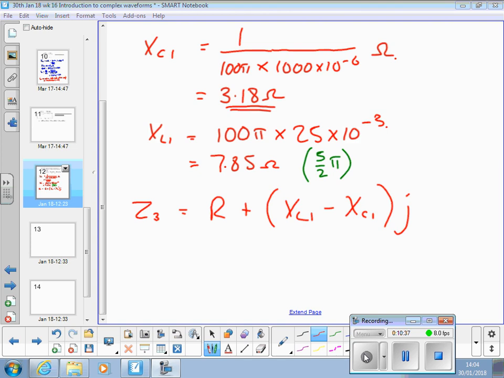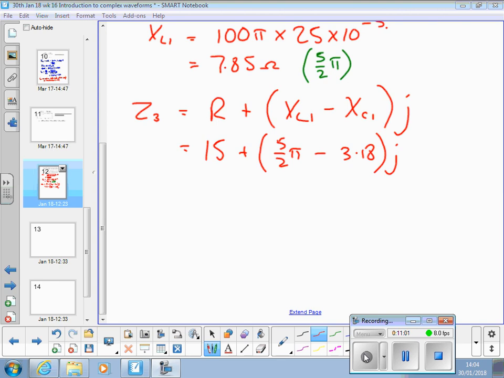Yeah? And then put the numbers in the formula. So that's 15 ohms, plus, and you can write 5/2 pi in there, minus 3.18 in there, j, okay?